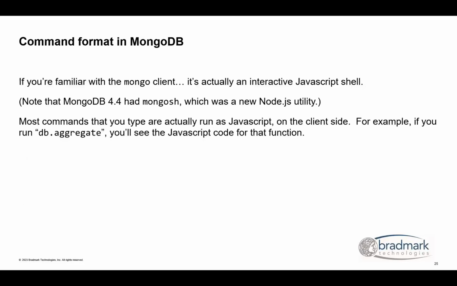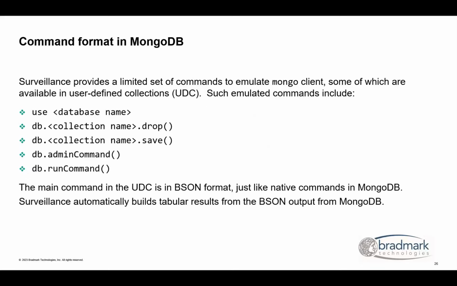And starting with 4.4, they replaced the older stuff with mongosh, which is a new Node.js utility. So most commands are actually JavaScript that you run. And if you actually look at, for example, db.aggregate, you can see the JavaScript code that's running in the Mongo shell. And as I said before, the command that you execute actually gets executed as a native command on Mongo.